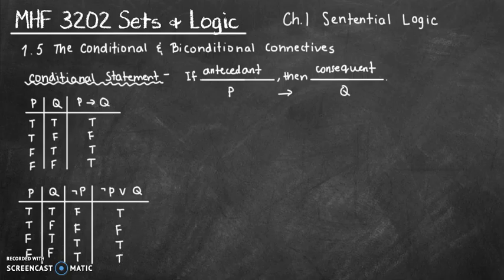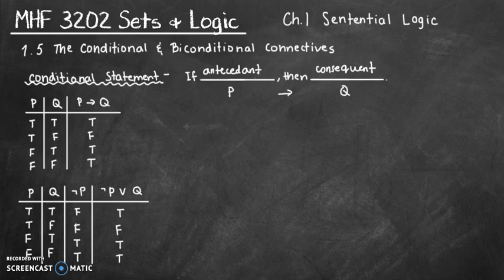So now notice that if P then Q is the same in the truth tables as not P or Q. And if you notice before, when things have the same truth table, that means that they are equivalent.